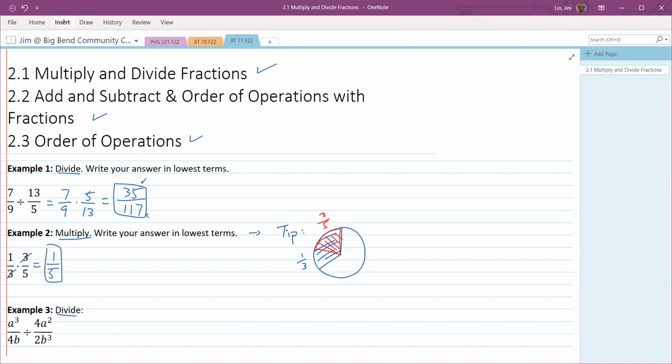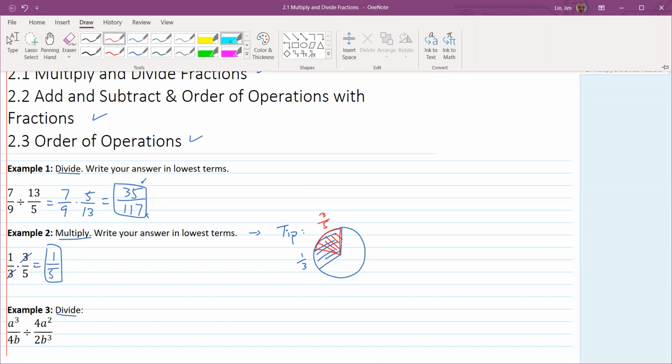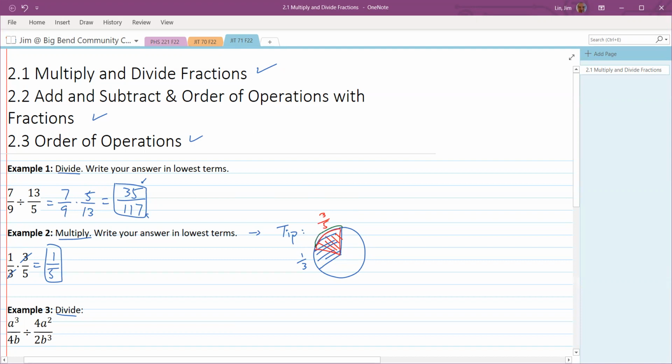And then the answer is 1 over 5, and that represents the remaining red portion out of the whole pizza. So that part looks like 1 over 5 of the entire pizza, right?